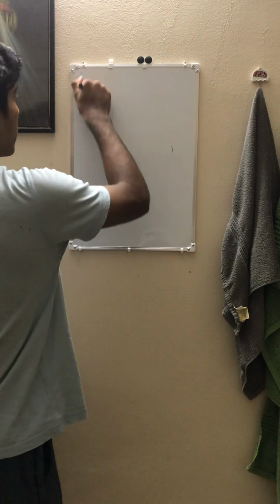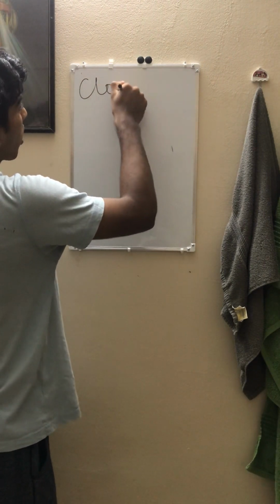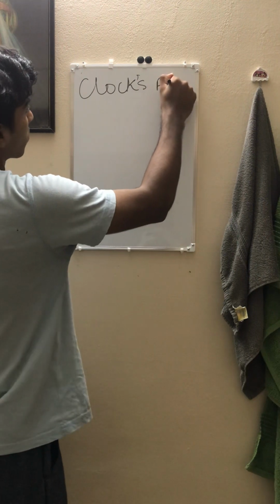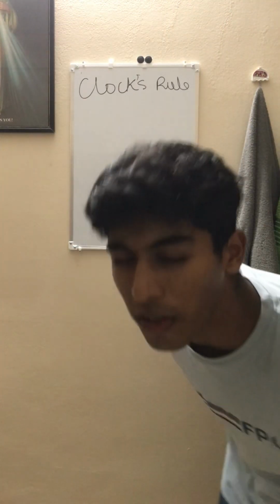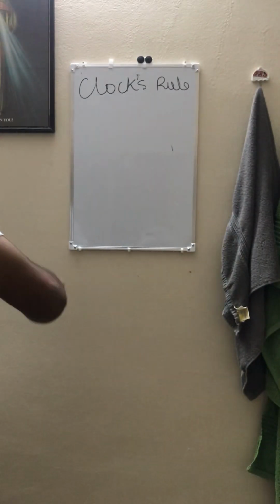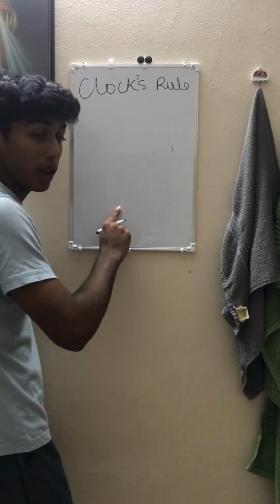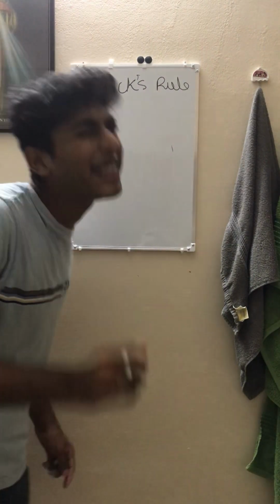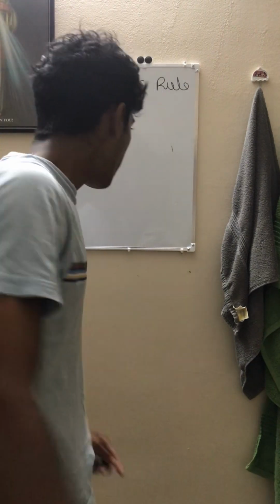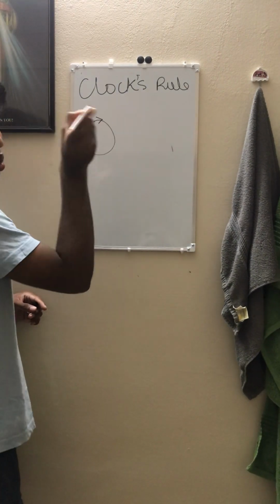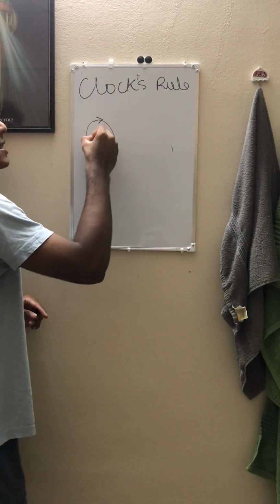I'm going to use another beautiful rule called the clock rule to find the direction of the magnetic field in a circular loop. That is, if the current goes clockwise, then it is south.